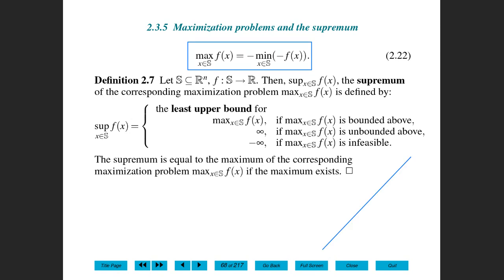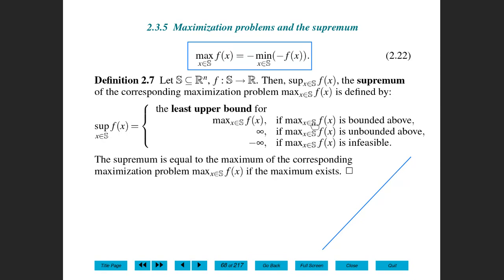No. But if I ask you what the supremum is, your answer would be infinity, right? We define the supremum as the least upper bound. So this is one more difference: for the supremum we say it's the least upper bound.